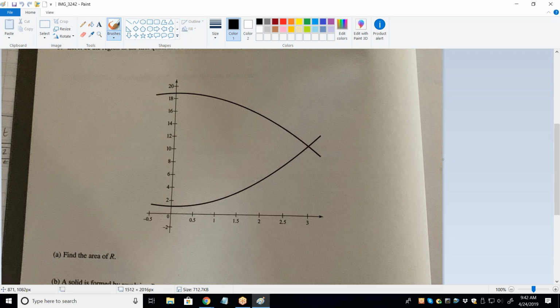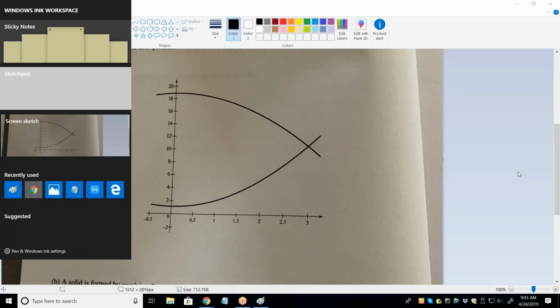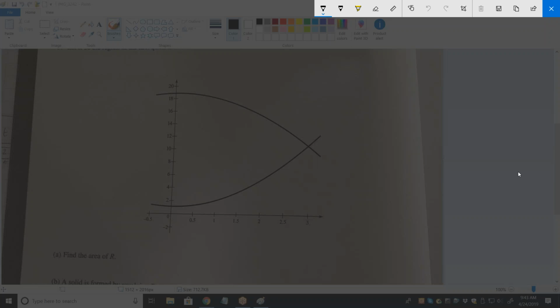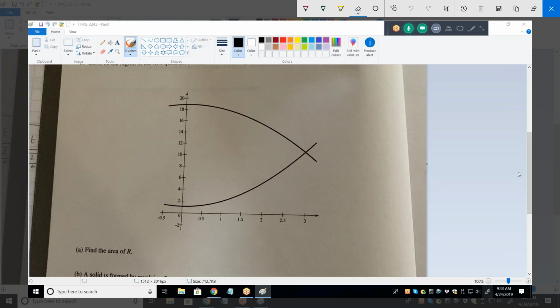Now, let me just make an attempt to draw what this would be. In other words, we're going to have a square like that, and that's looking from the top. In other words, it's a three-dimensional view.